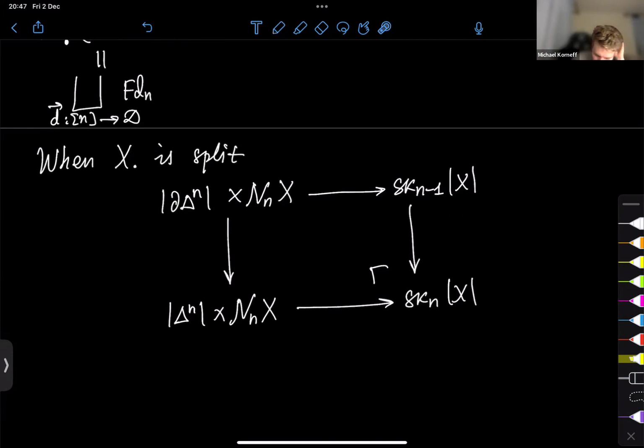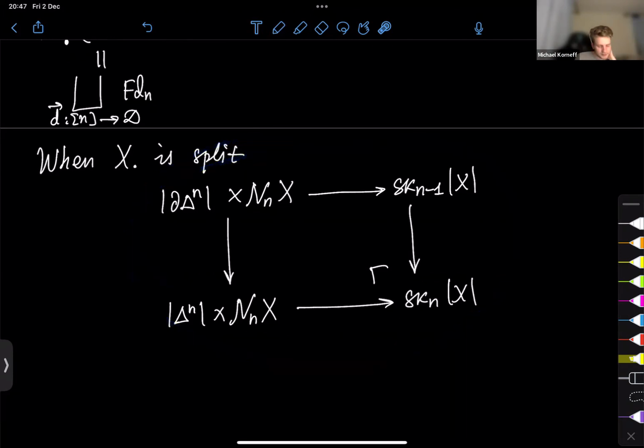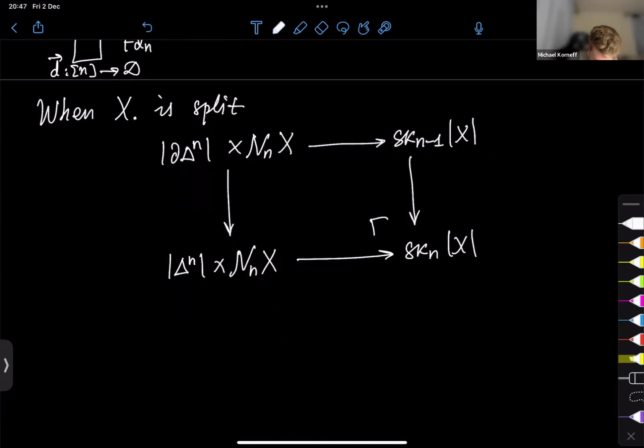In this case we need to define a technical property, a so-called relative T1 inclusion. Definition.